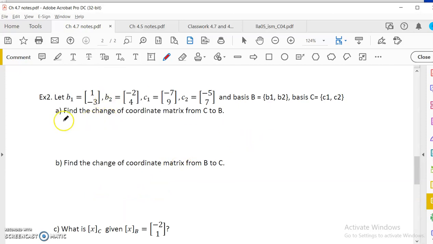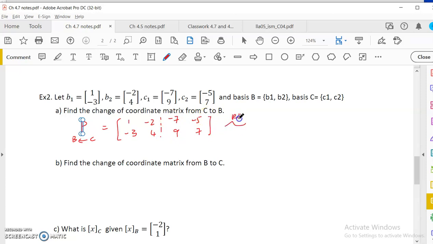Okay, so to find a change of base matrix from C to B, I write it like this, right? B is our answer, so this would be writing the B in the front. 1, negative 3, negative 2, 4, negative 7, 9, negative 5, negative 7.